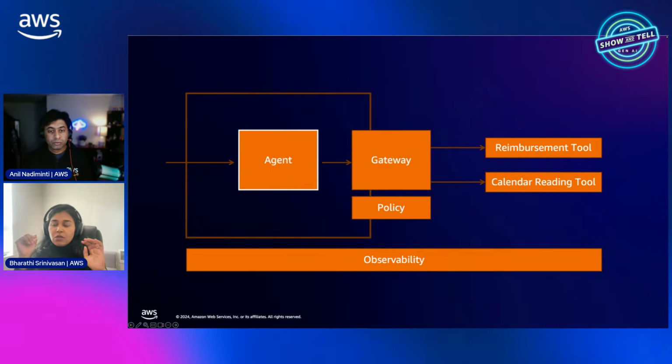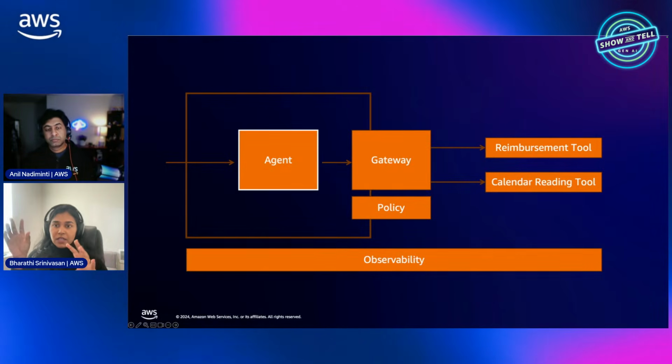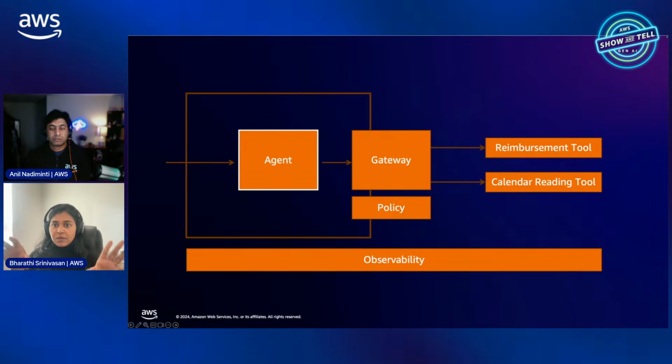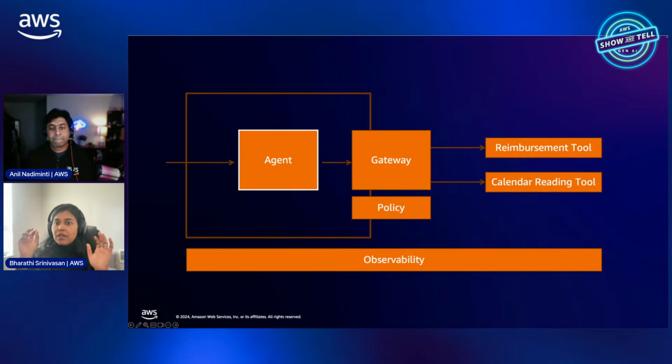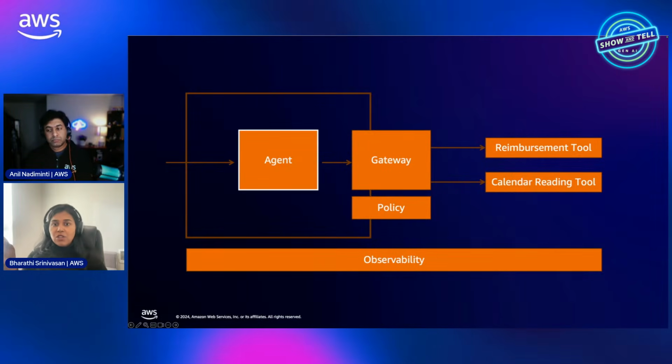And finally, we also want to know what actually happened. So this is where observability comes in. Observability and policy are tightly integrated in the AgentCore set of primitives. And we're tracing every agent decision and tool invocation and giving complete visibility to the developer into the agent behavior.